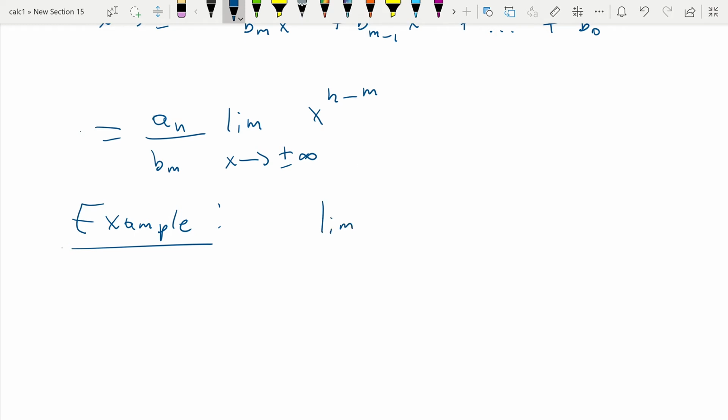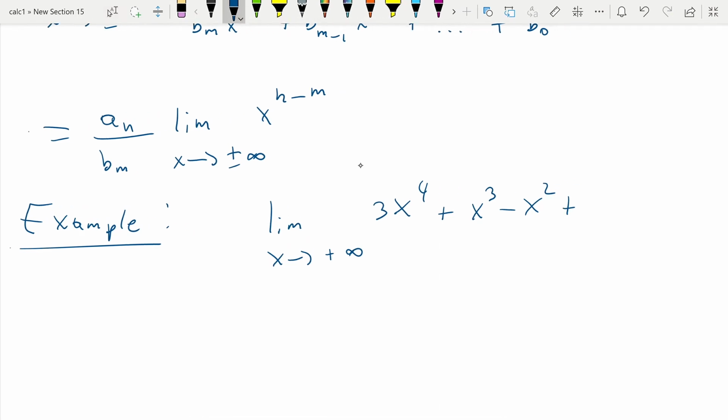Let's compute the limit as x approaches plus infinity of 3x^4 plus x^3 minus x^2 plus 7, all of that divided by 11x^4 minus 2x^2 plus 10.